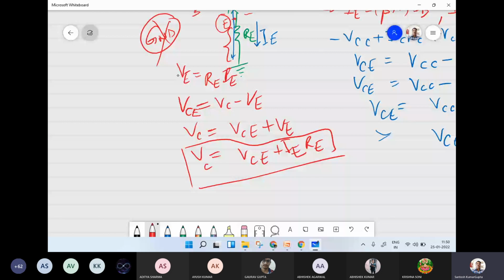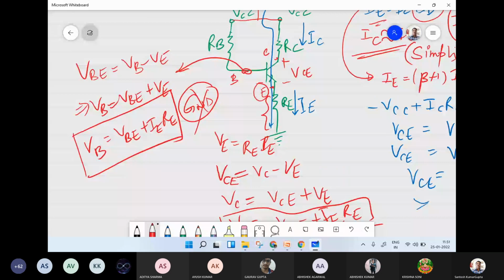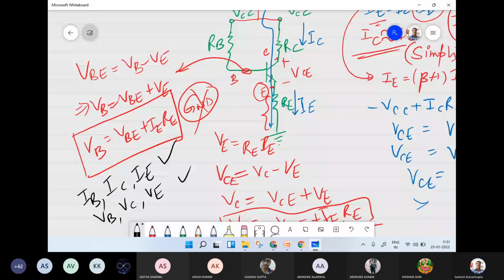So these different calculations we can do in this way. We now know all these values: the currents IB, IC, IE, and the voltages at base, collector, and emitter. Everything is known to us now. This gives the operating point.